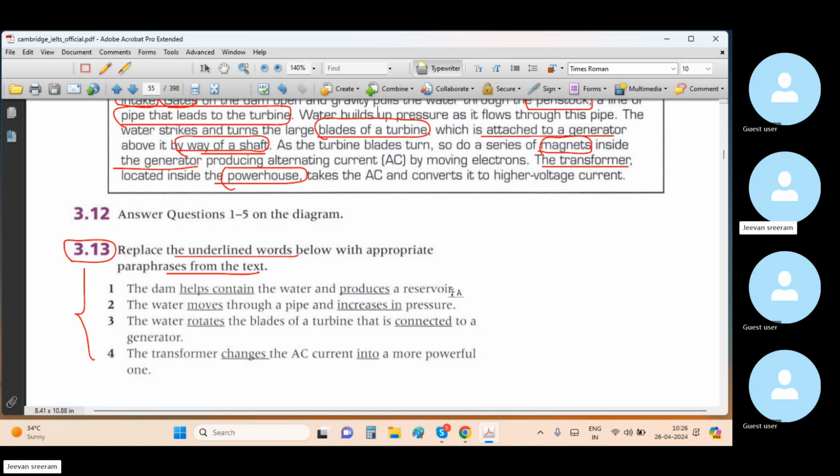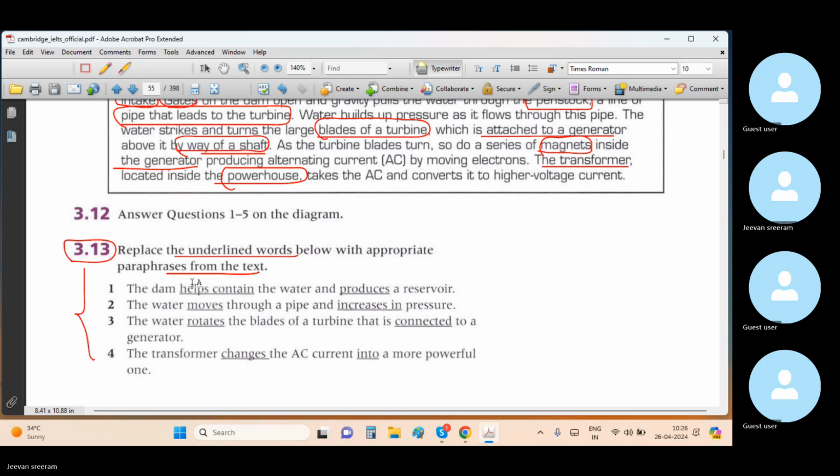Paraphrase version means he might have used different vocabulary, different sentence structures. Please try to match them from the passage text to this question text.